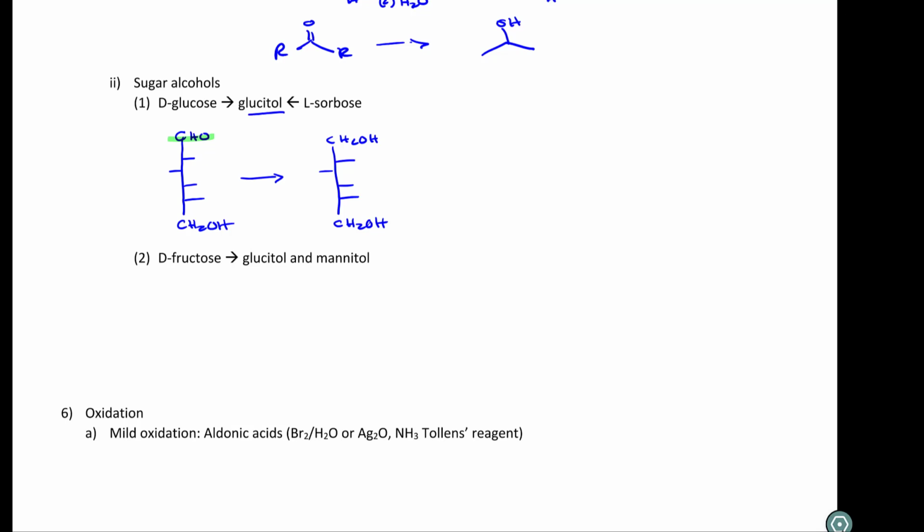Now, there are a lot of ways to get glucitol. We'll talk about that a little bit. I don't expect you to remember all these permutations, but the idea of a sugar alcohol is that sugar alcohols are sweet. They have the same sweetness because they have roughly the same shape as sugar molecules. When you taste them, they activate the same kind of receptors, and they give you that same sweet taste sensation.